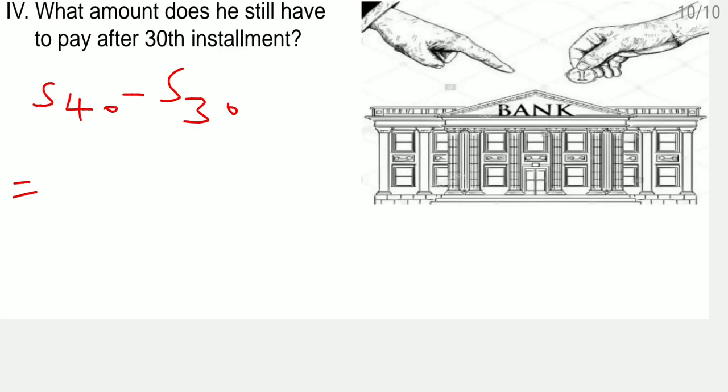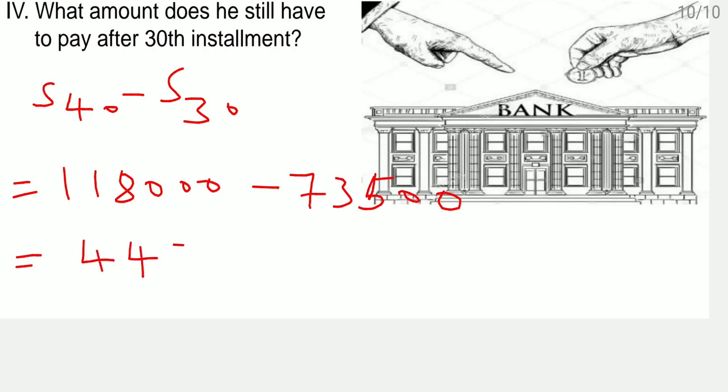So I know the total amount he has to pay is 1,18,000. Right? So this is the total amount. That means sum of all 40 terms minus sum of all 30 terms, which we have done in the previous question, which is 73,500. If we do the subtraction, we get the answer as 44,500. Okay. This much amount he still has to pay after the 30th installment.